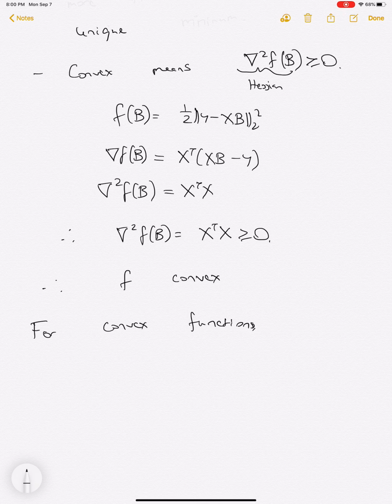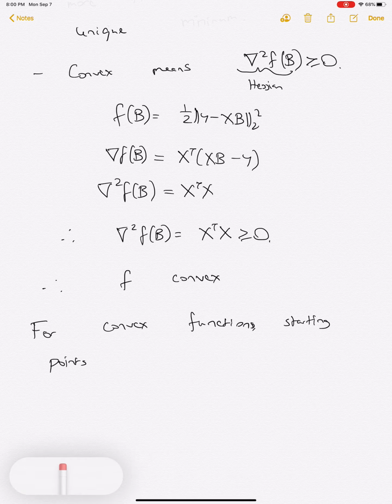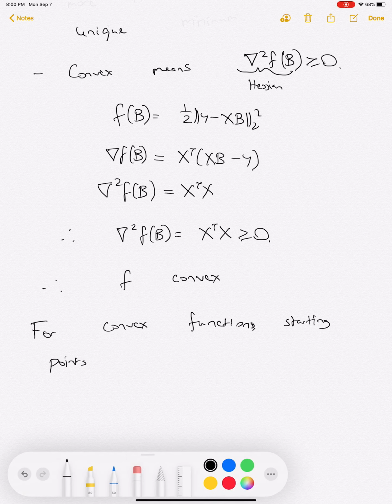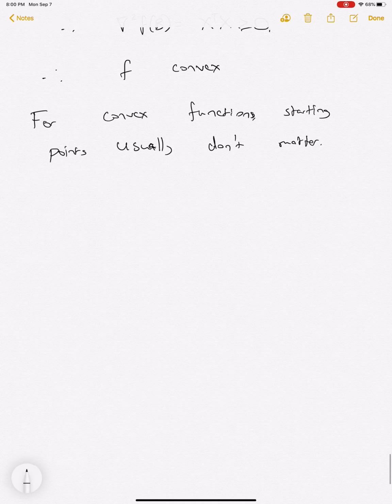For convex functions, starting points usually don't matter.